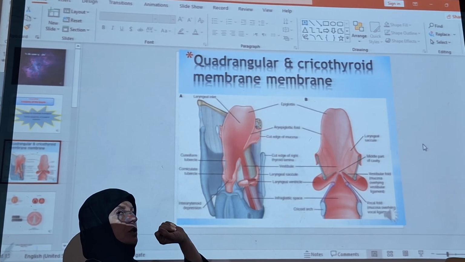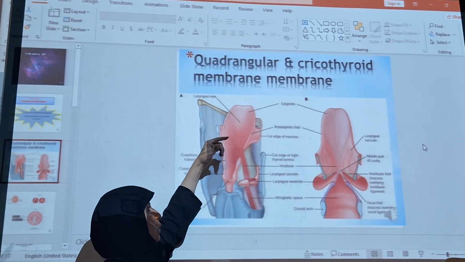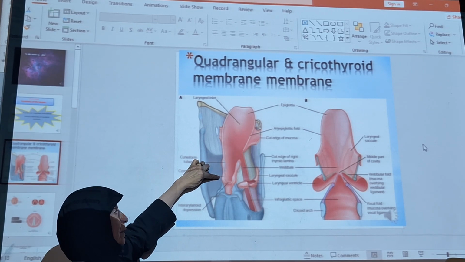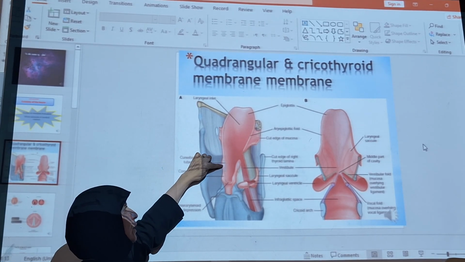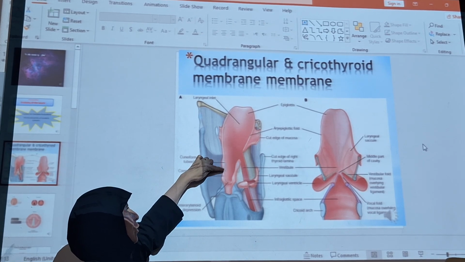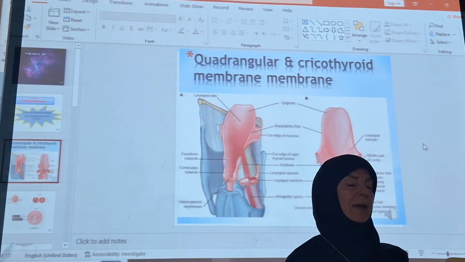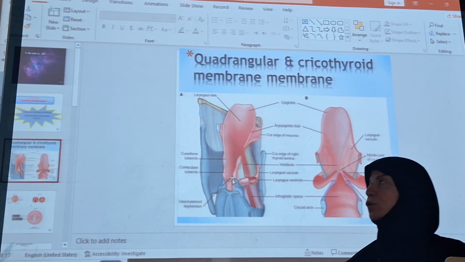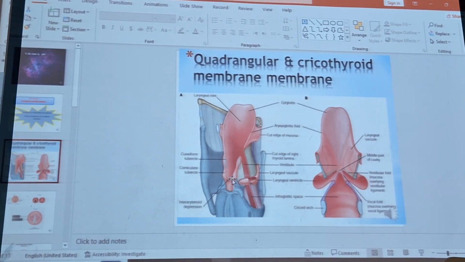Interarytenoid notch. Look at here, inside of the aryepiglottic fold, on each side, I am able to show you two tubercles. One of them belongs to the corniculate and one of them belongs to the cuneiform cartilage. At the apex of the arytenoid, we are able to show you the corniculate and the cuneiform.